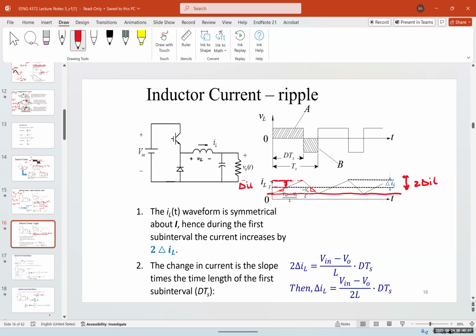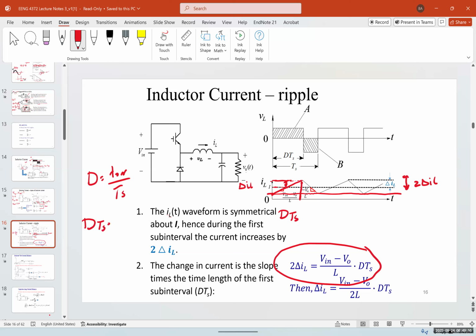And the change in the current is the slope times the time length of the first subinterval, or DTS. Therefore, 2 delta IL would be Vn minus V out over L, which is the slope, times DTS, the time length that we have. Do you remember what DTS was? D is equal to T on over Ts.